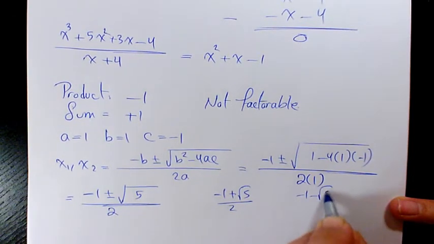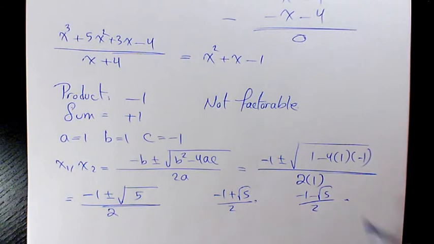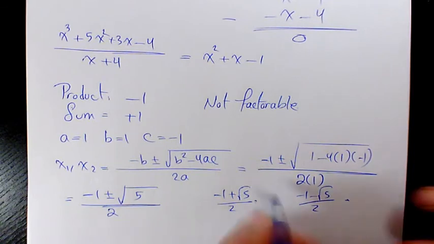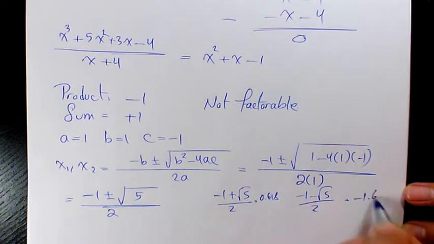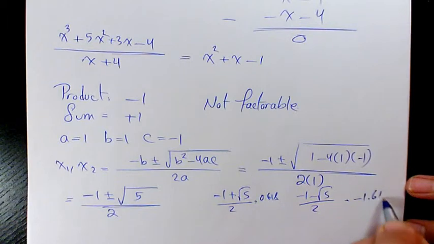Negative 1 minus root 5 over 2. That's going to be 0.618. Negative 1.618.